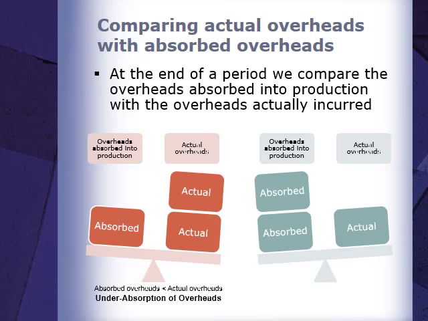The alternative position is where the overheads that we've absorbed into production are greater than our actual overheads. Well, in this situation, we say that we've over-absorbed our overheads. I suppose as a third case, we also have the situation where we absorb the same amount as our actual overheads, but this is extremely rare.